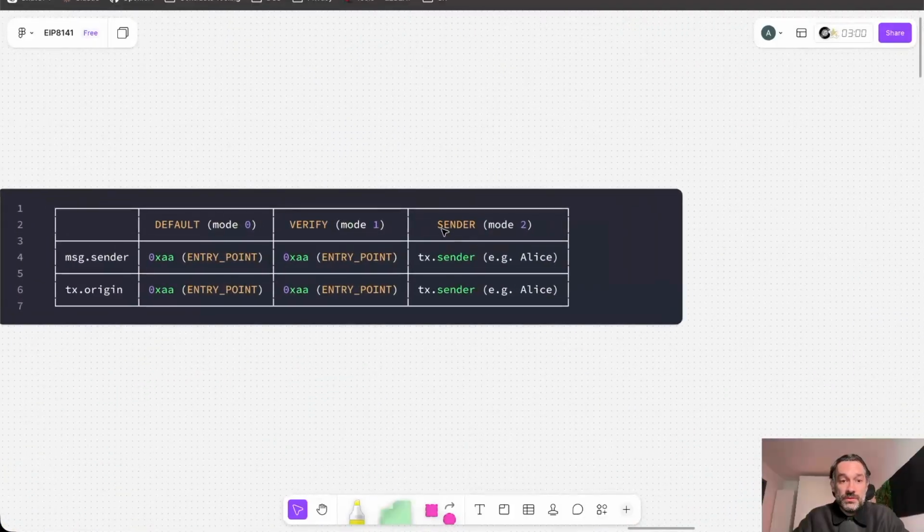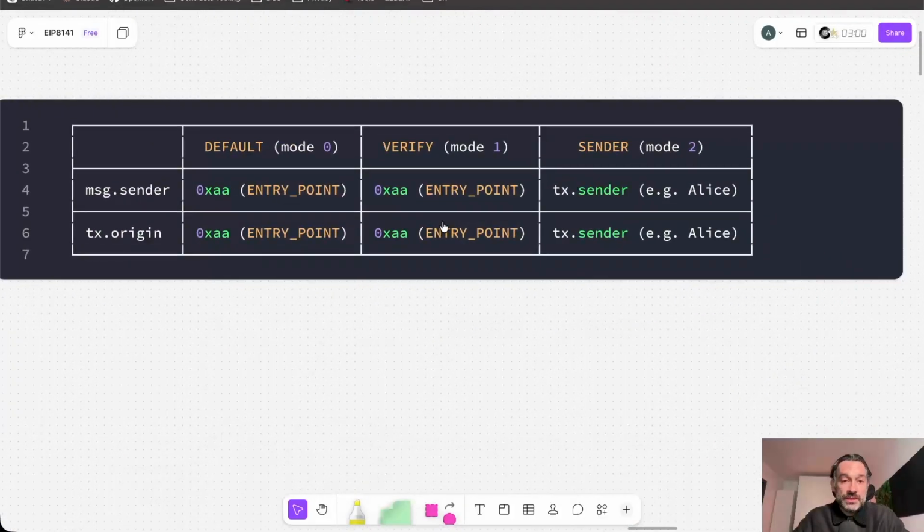This is different from the legacy transaction, where the tx.origin always returns the EOA who initiated the transaction. So it's a very, very different design than we knew before.